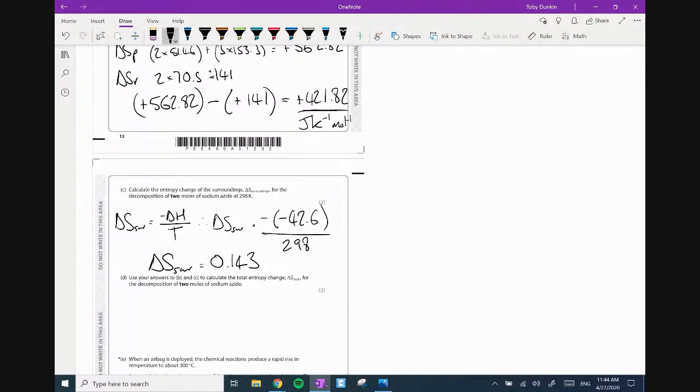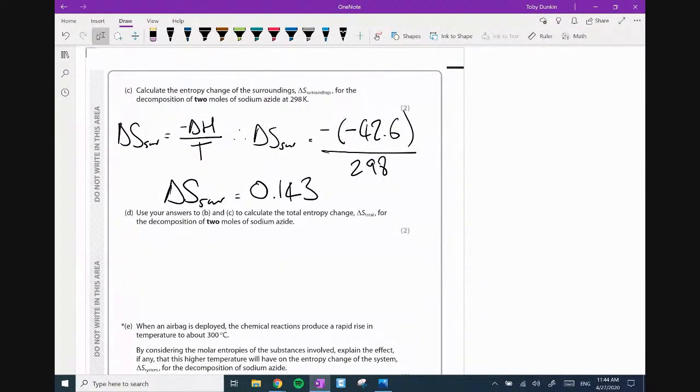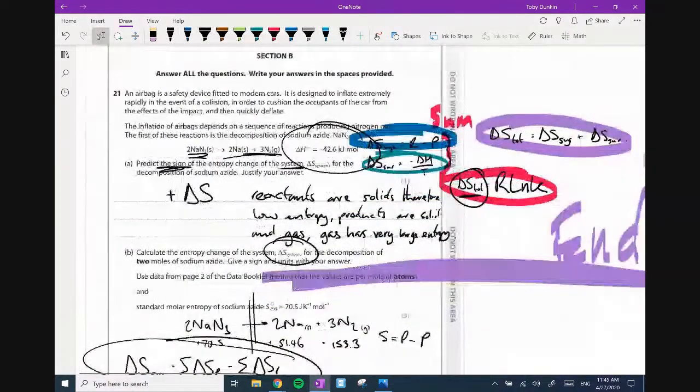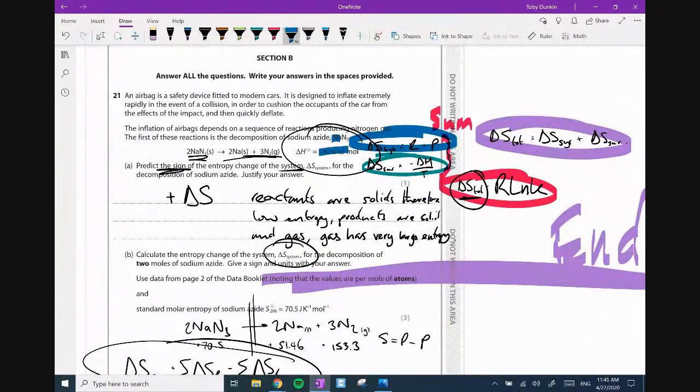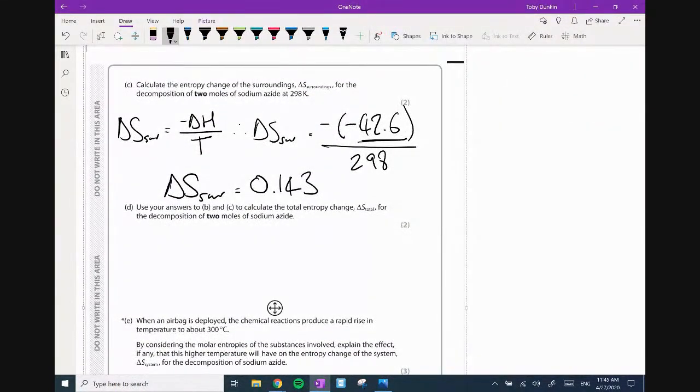Now this is kind of a nice thing here. Does it say give its units? Not really. So this one's going to be in kilojoules. You've got to watch out for this, because what I put in here is kilojoules, because the kilojoules was up here in the equation. So this is going to be kilojoules per Kelvin.